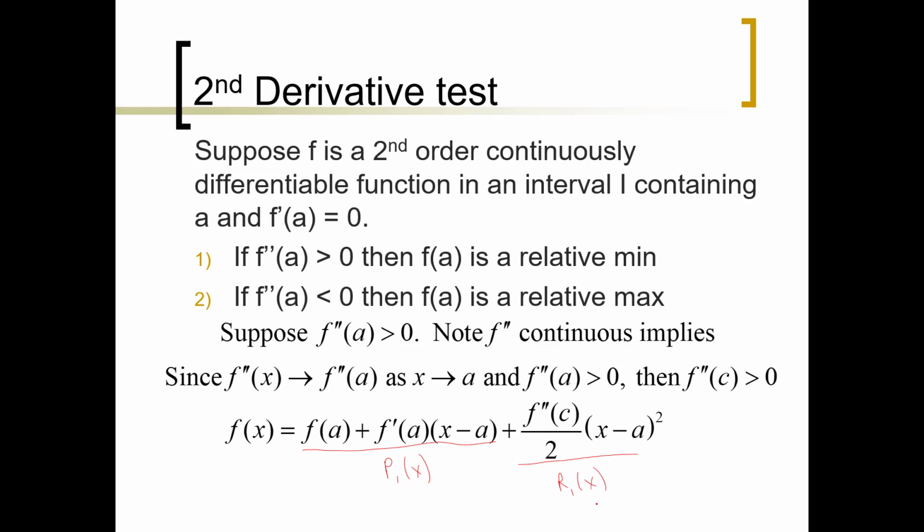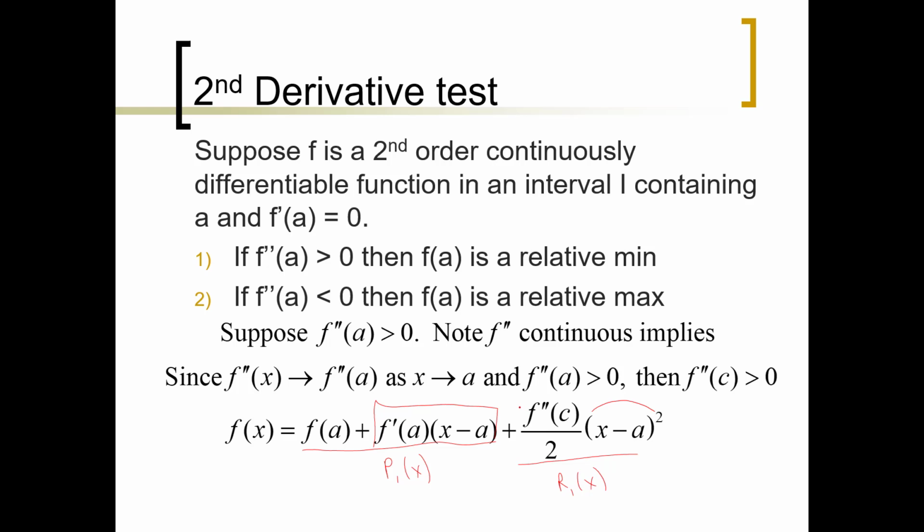Well, if you look at it though, don't focus so much on the middle portion of the polynomial, because this middle piece will be 0, because remember the first derivative is 0. So the Taylor polynomial at a to the first order is only f of a. But also, if x is near a, of course this portion is positive because it's being squared.